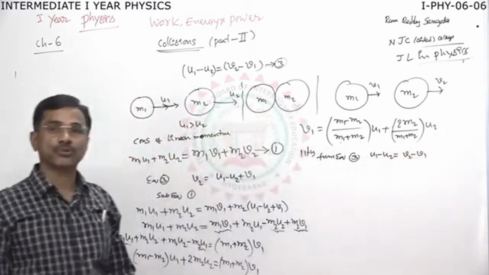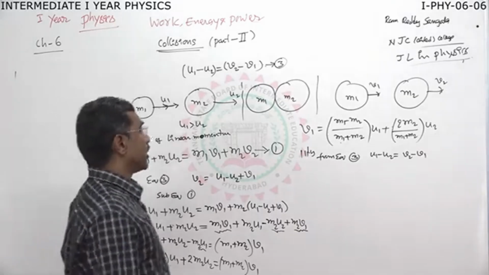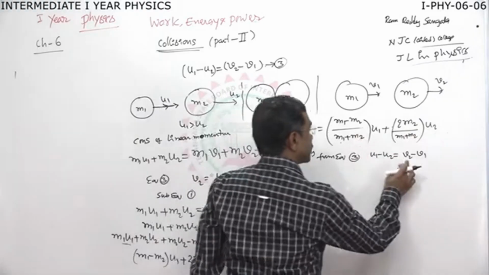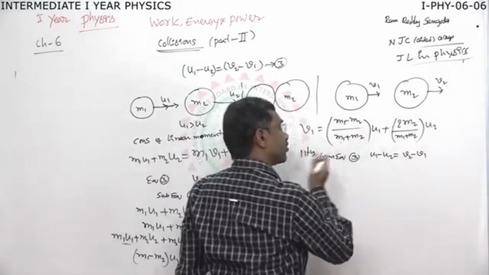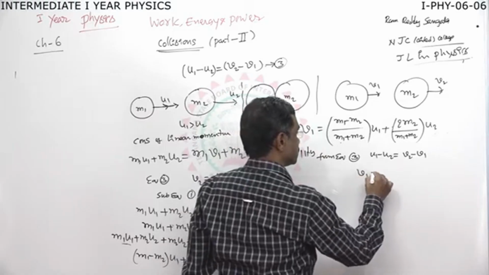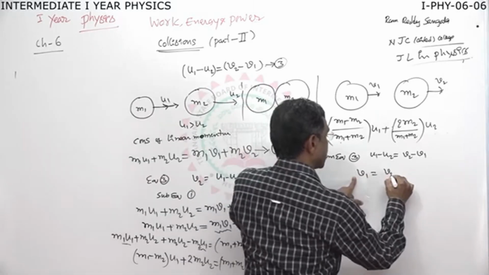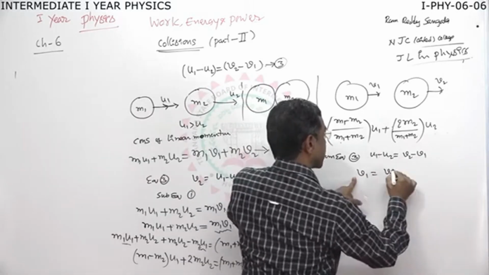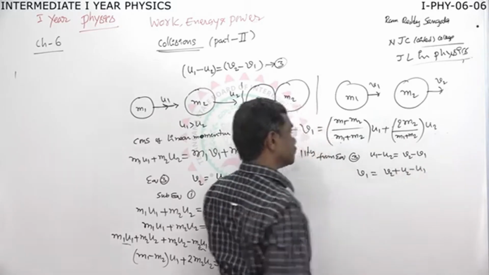Relative velocity of approach is equal to relative velocity of separation. Now we want an equation for V2, so you have to eliminate V1. So this minus V1, I will bring it this side. V1 minus V1 will become plus V1. So here V2 is already there. Minus this, you bring it this side, plus U2 minus U1.